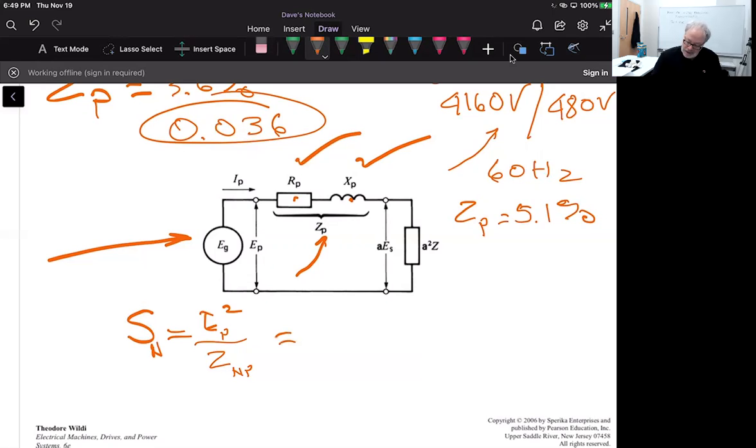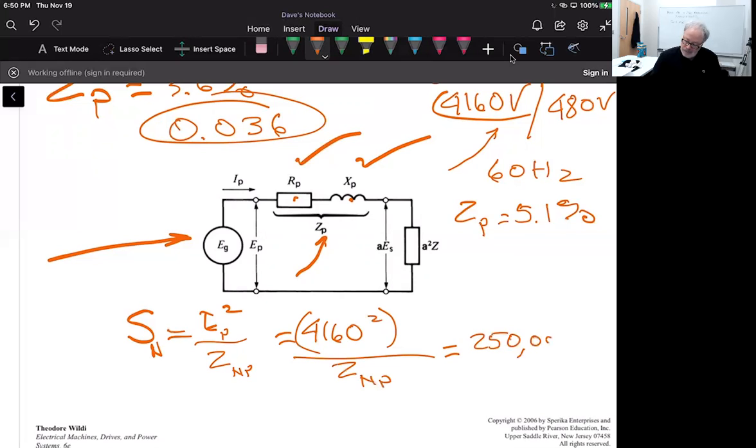I put numbers on this. My primary voltage as given here was 4160 squared divided by, oh, wait a minute, what did I not do? Well, I'm going to leave that in there. I'm going to put this here, and then I'm going to remember that this is given as 250 kVA, or 250,000.